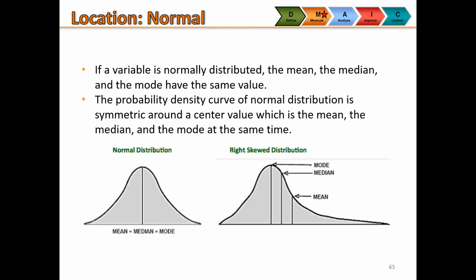If a variable is normally distributed, the probability density curve is symmetric. Nice, beautiful bell-shaped curve. If not, if I have a right skewed distribution, we're going to get into the central limit theorem in a second, but the fix is to go get more data.